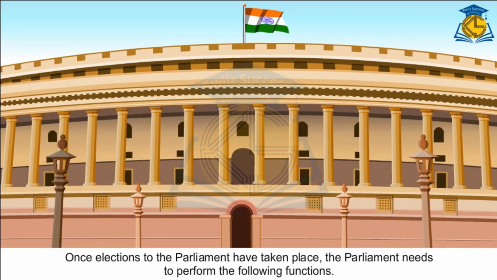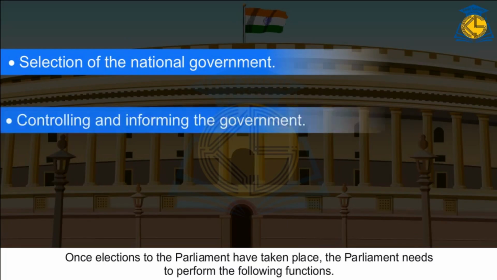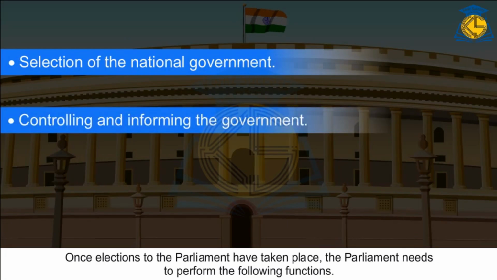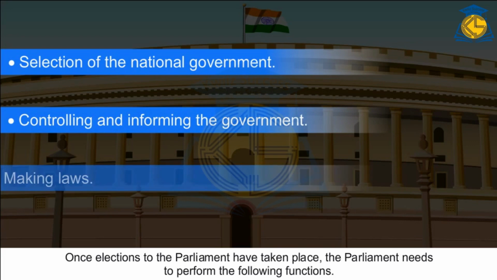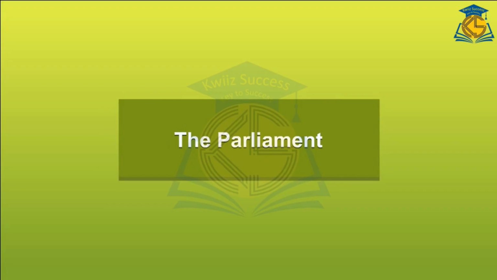Once elections to the parliament have taken place, the parliament needs to perform the following functions: selection of the national government, controlling and informing the government, making laws. The Parliament.